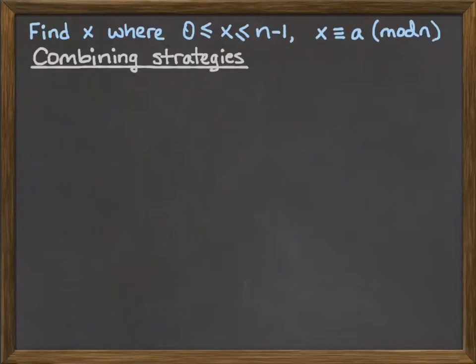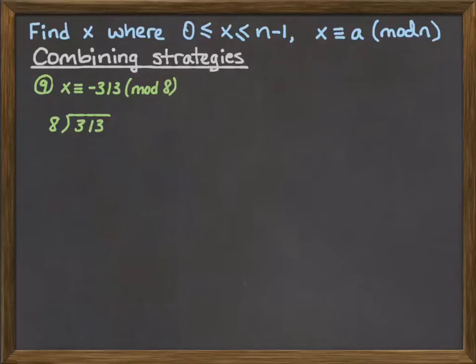Okay, so I've already started a little bit using my last strategy, which is just combining the strategies I have so far. So 2 more examples. x is congruent to negative 313 mod 8. Well, if I wanted to use the long division strategy here, I might try that, but it wouldn't be clear to me what to do with the negative number.